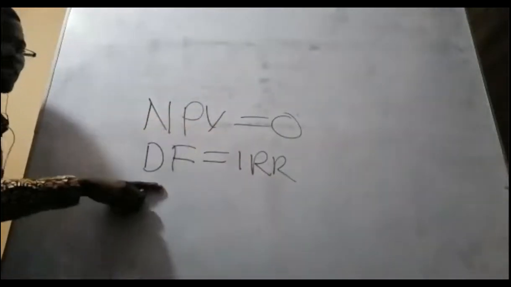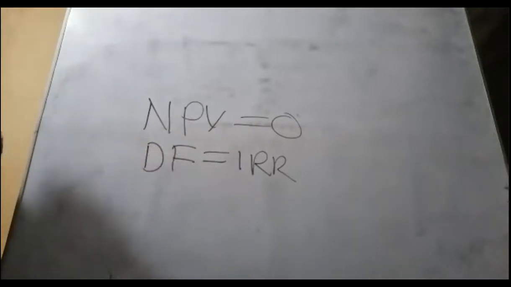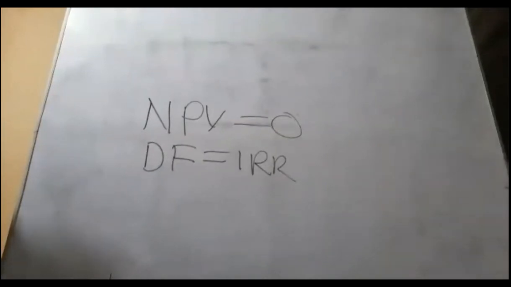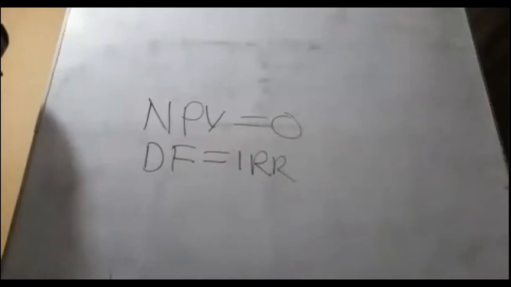So anytime NPV is equal to zero, the discount factor is called internal rate of return. It's a rate that renders the NPV to be zero. Then we are done.